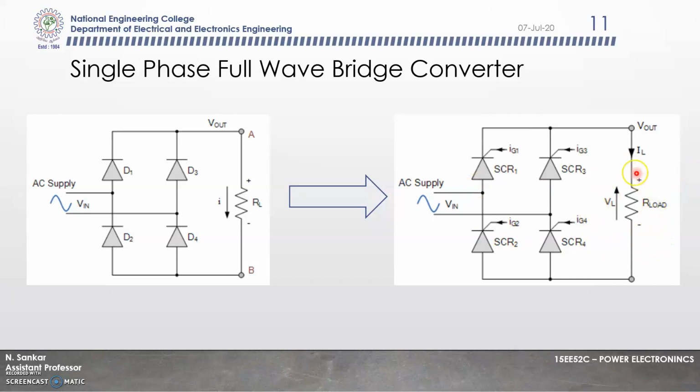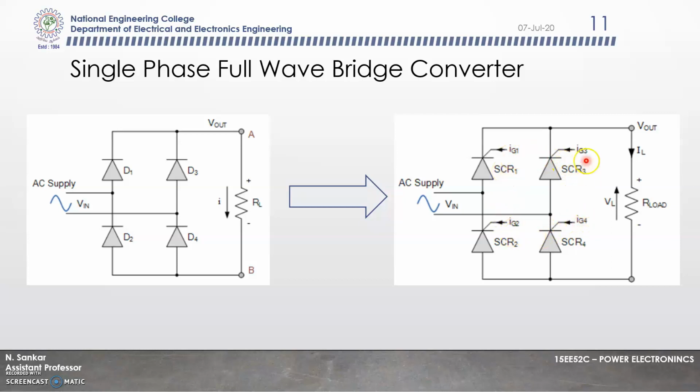Because we are using a resistive load, and here we have 4 SCRs. 2 SCRs are connected in series, and this branch is connected in parallel with another set of SCRs connected in series. The phase is connected between SCR1 and SCR2, and neutral is connected between SCR3 and SCR4. Each SCR has a separate gate pulse, that is G1, G2, G3 and G4.